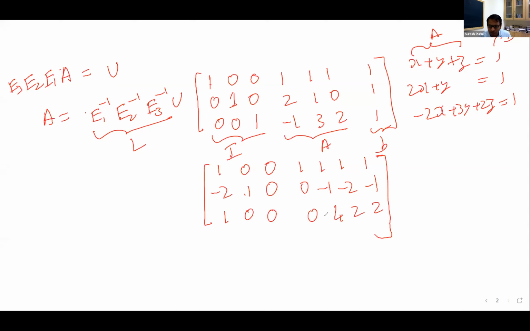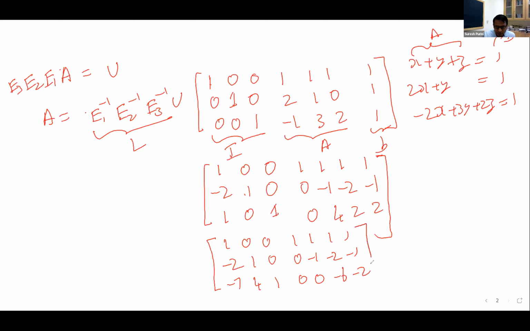We add 4 times row 2 to the last row: minus 8 plus 2, minus 6, minus 4 plus 2, minus 2.